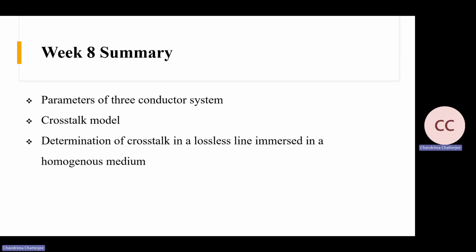All these things were covered. Today we will be continuing with the three conductor system, the different parameters, and after that we will be starting the crosstalk model in frequency domain, and also determination of crosstalk in a lossless line immersed in a homogeneous medium.